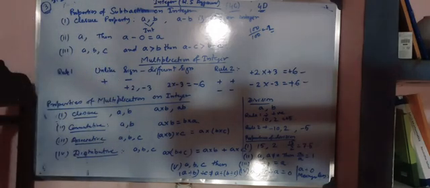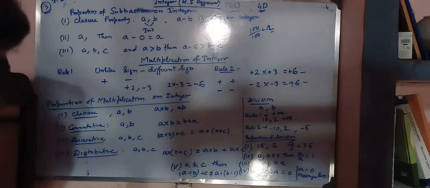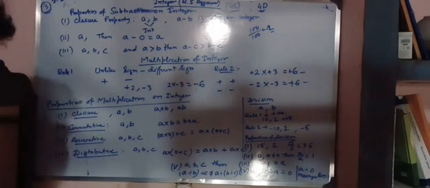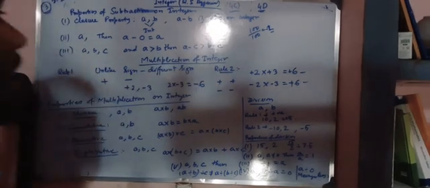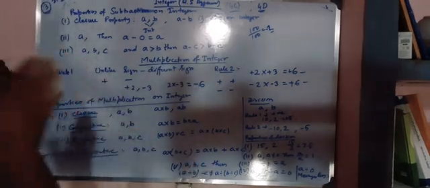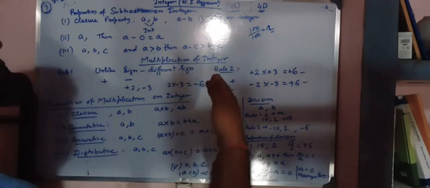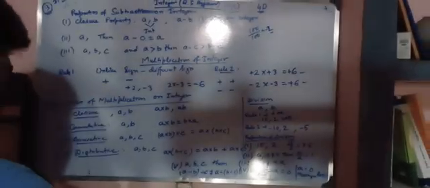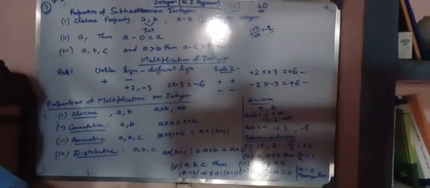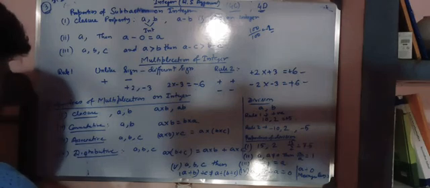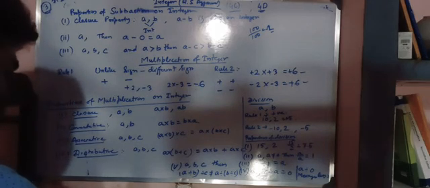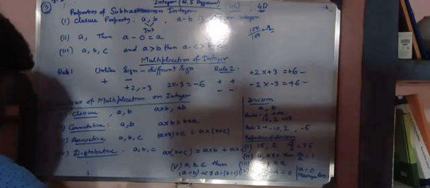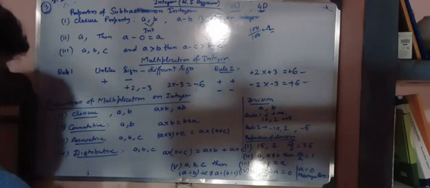So that's it for the whole chapter of integers. Today we will do only exercise 4C, and after that we go on to exercise 4D and then exercise 4E.